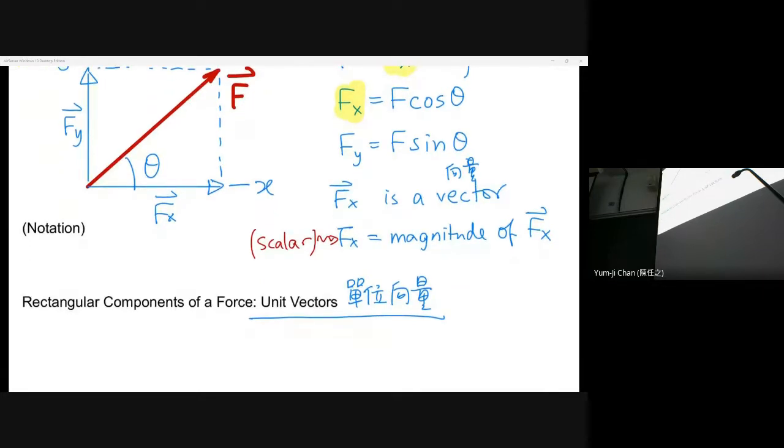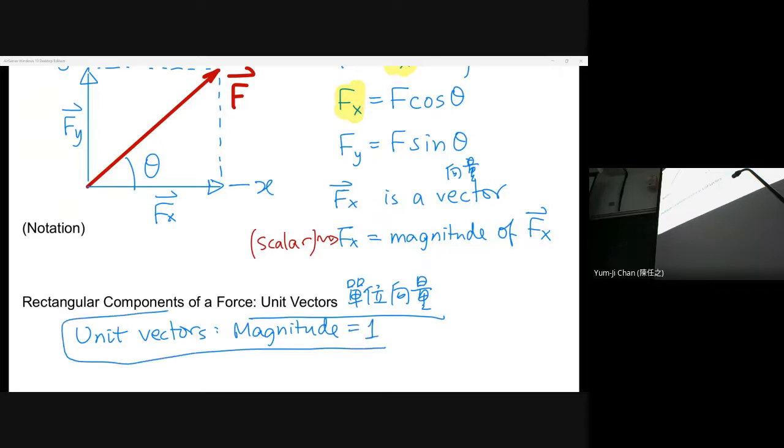The definition of a unit vector is that its magnitude is equal to 1.